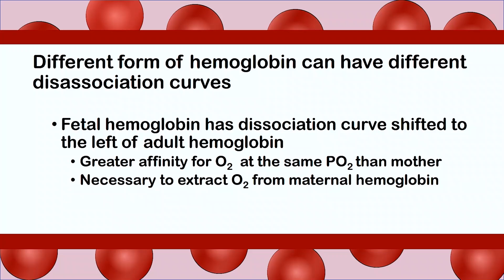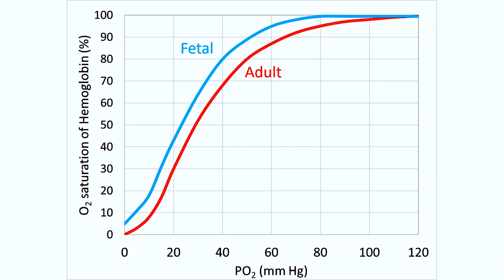Different forms of hemoglobin can have different dissociation curves and therefore different affinities towards oxygen. This becomes especially important in the transfer of oxygen between mother and babies that are still in the womb. Fetal hemoglobin has a dissociation curve shifted to the left relative to adult hemoglobin.